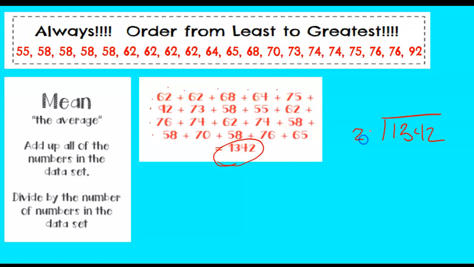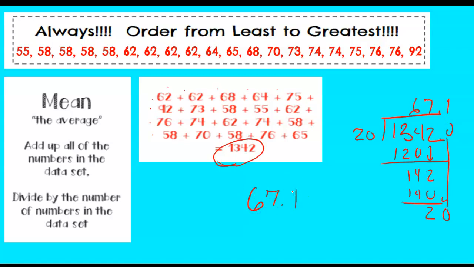So we're going to divide this by 20. 2 goes into 13 6 times, so we're going to do 120. Bring down our 2. 2 goes into 14 7 times, so we're going to do 140. Subtract, add a decimal and a 0, bring it down. So our average or our mean is 67.1.